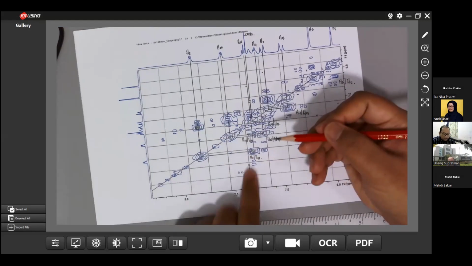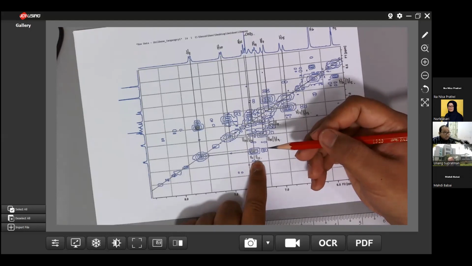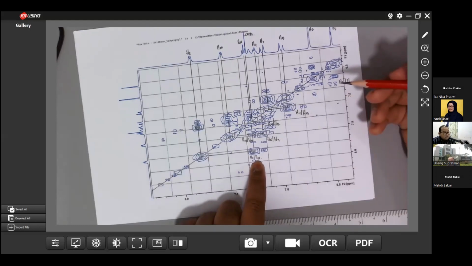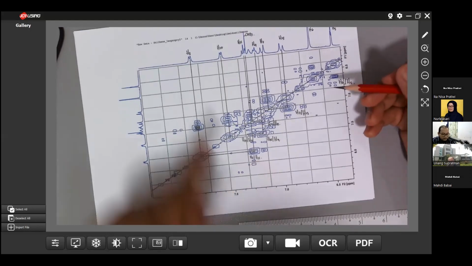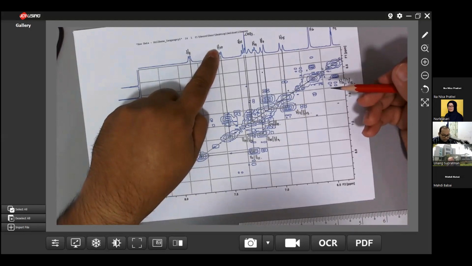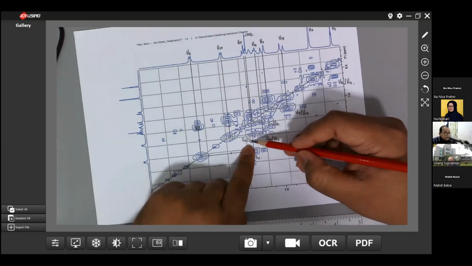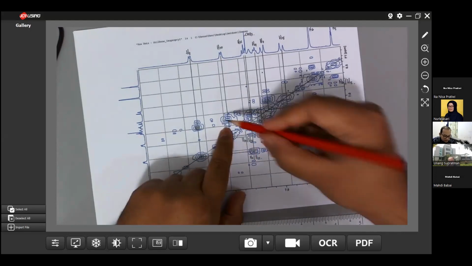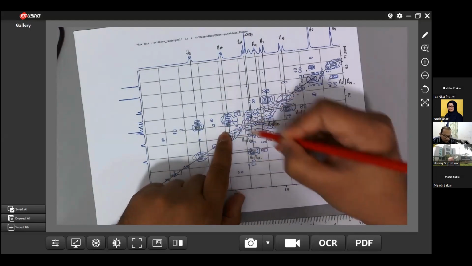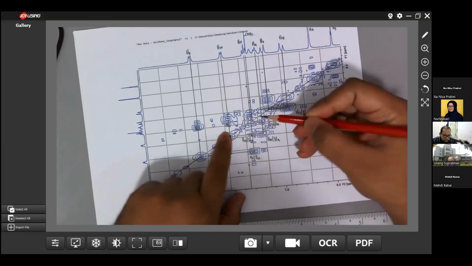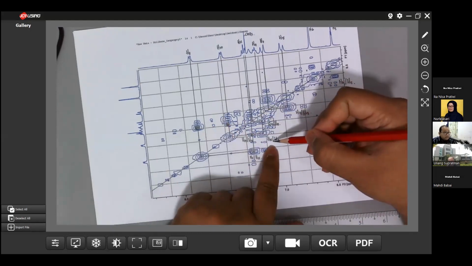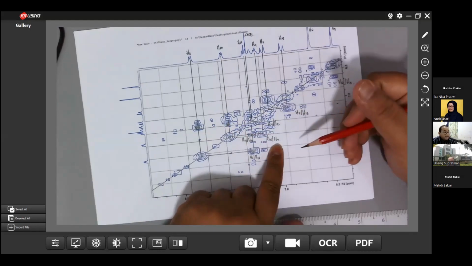So you can put H8 can see H11. Same goes to this one: H10 can see H11, a reflection from here to here. And this one, H10 can see H9.